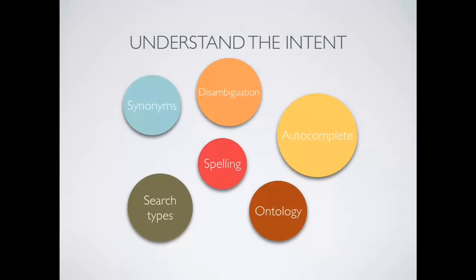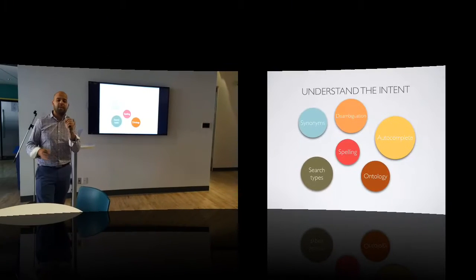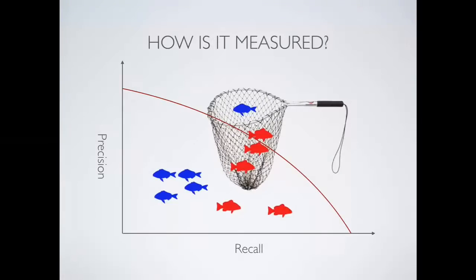So disambiguation by displaying messages, like did you actually mean this, showing you examples of that. Synonyms, ontology, spelling, search by search types. If you put a channel search for a search, then the user is actually aware, and the system is also aware, about what the search intent is.